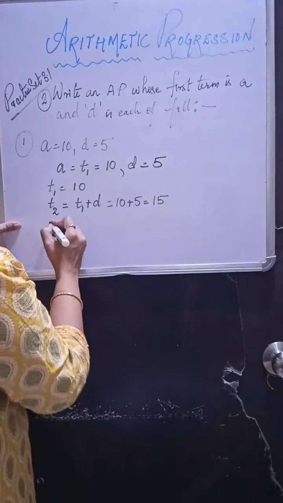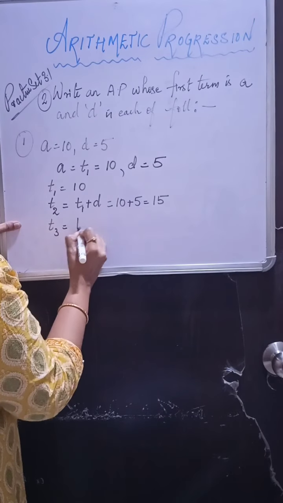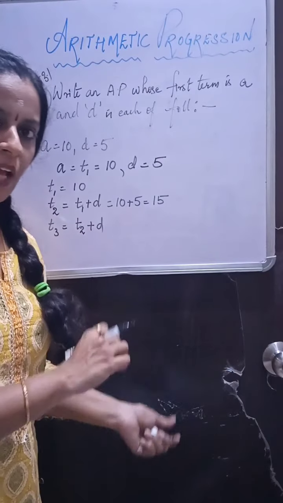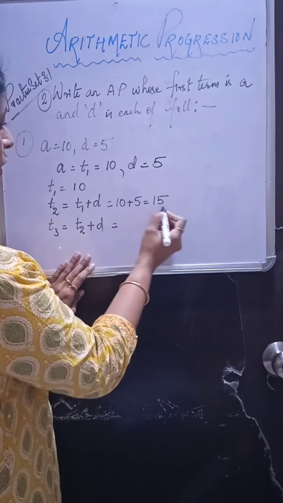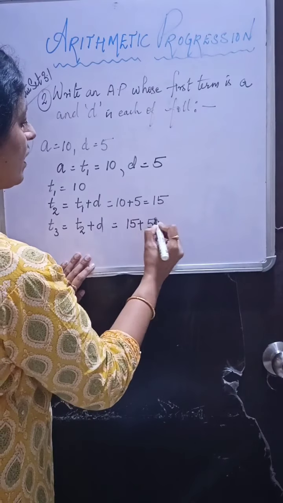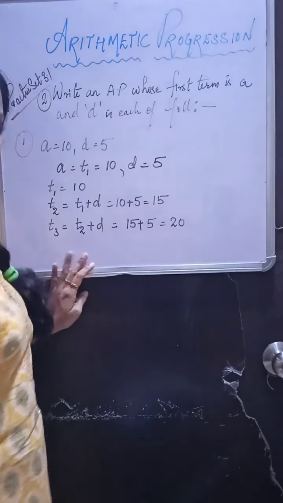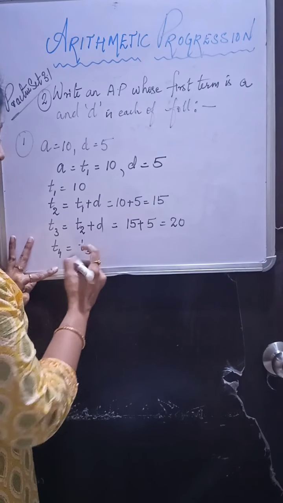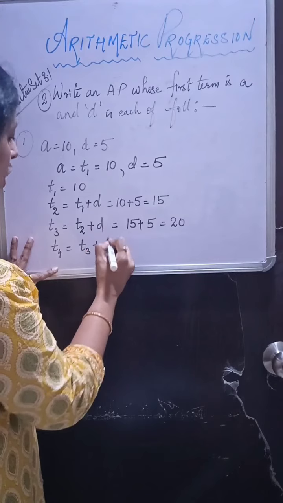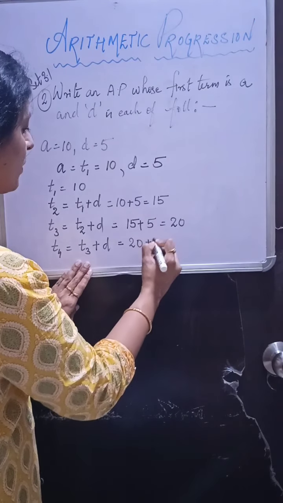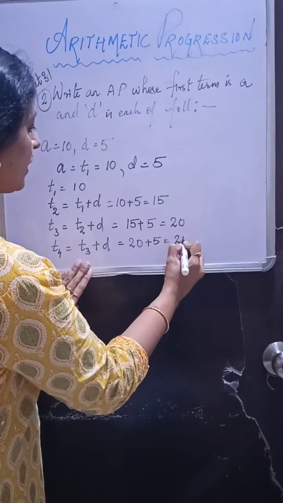So on. Now T3 will be T2 plus D. T2 you got 15. 15 plus common difference 5 will give you 20. T4 will be equal to the previous term plus the common difference. Previous term is 20 plus common difference 5, 25.